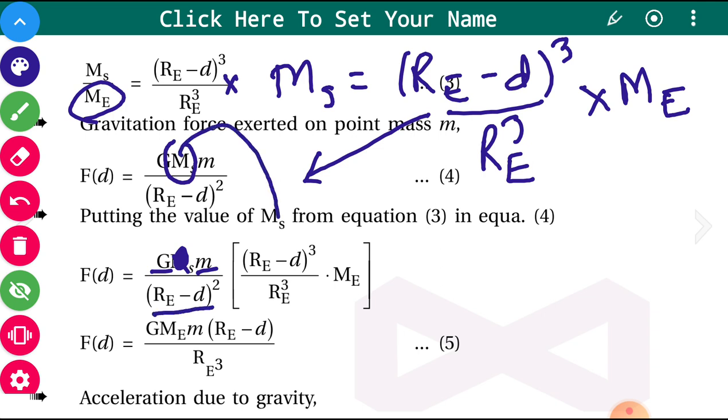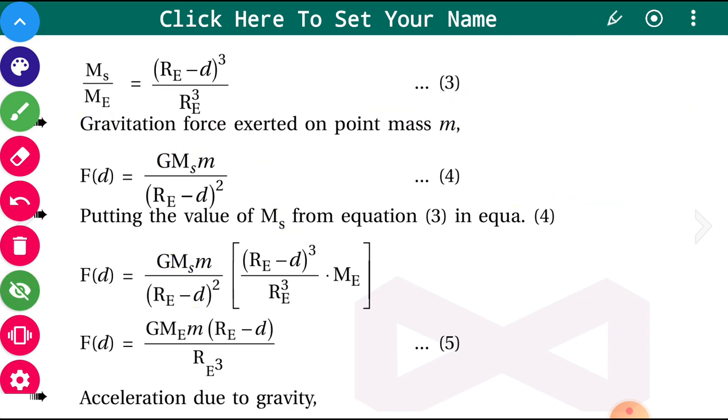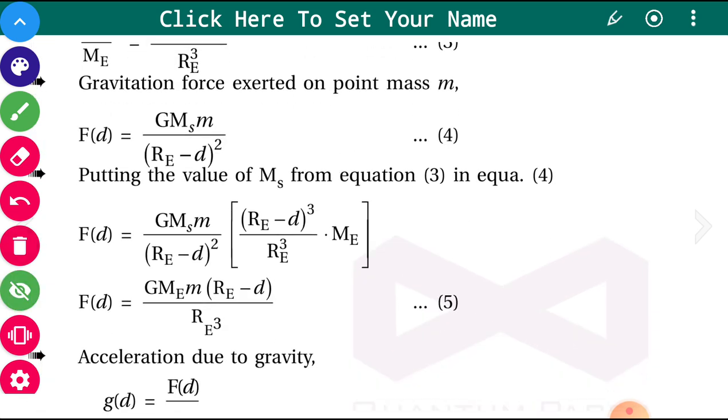Instead of this ms, we are writing this value, Re minus d the whole cube upon Re cube into Me, which is explained here.